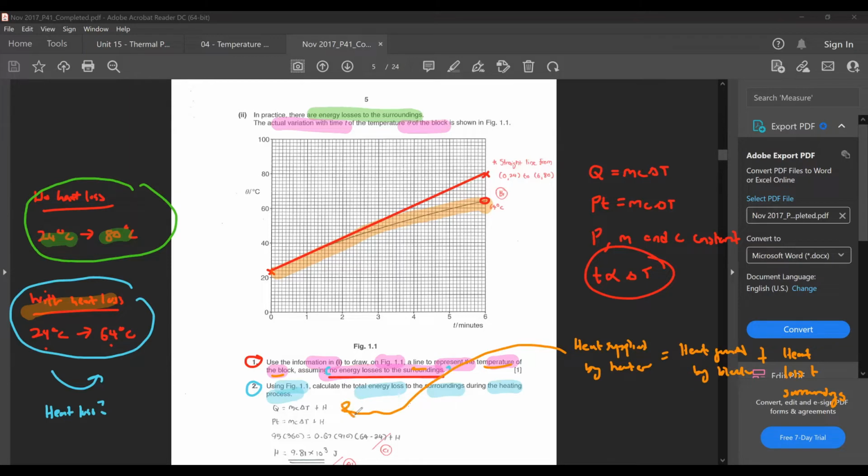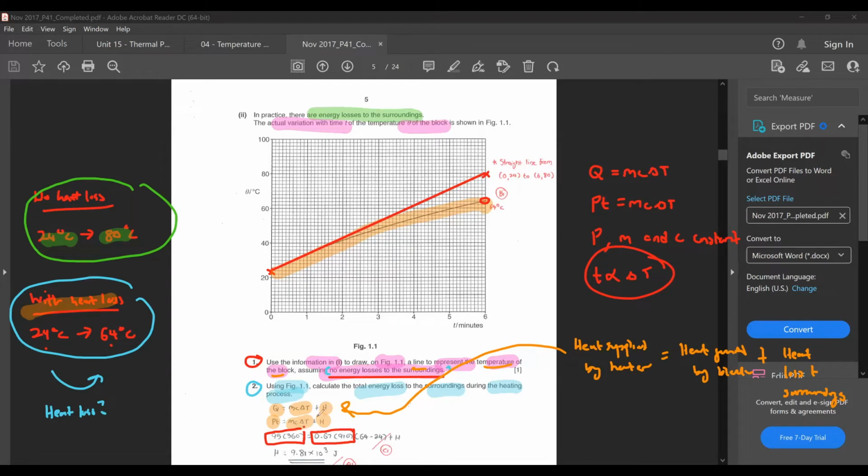If you write it in symbol form, it will be Q equals mc delta theta plus H. The H is your heat loss. Then expand it a bit further. Pt equals mc delta theta plus H. So you want to find your heat loss, you just substitute the variables for whatever you know from the equation. You know what is Pt? It's 95 times 360 seconds. You know what was mc delta theta. You know the mass. You know the specific heat capacity.